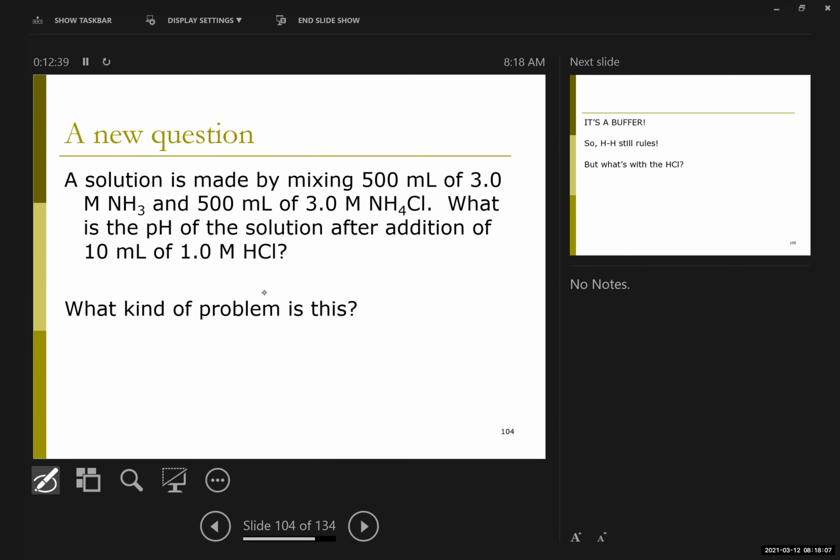I have a solution made of ammonia and ammonium chloride. We saw that before. It was our buffer from Wednesday. And then I added HCl to it. Why? Because I can.